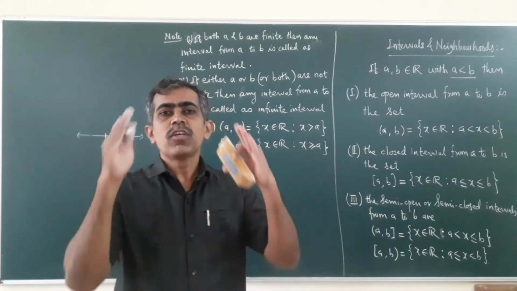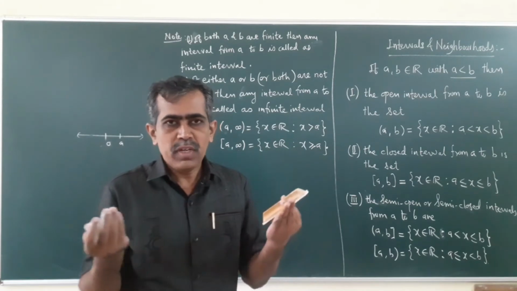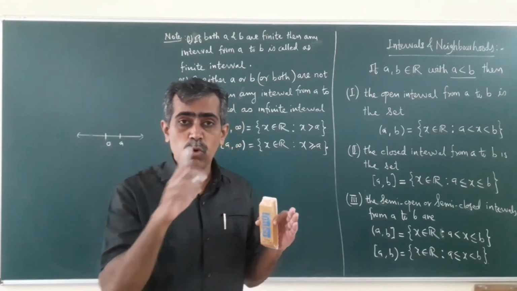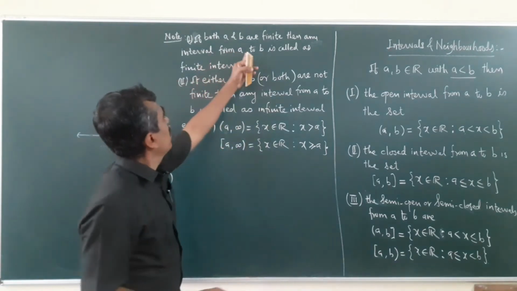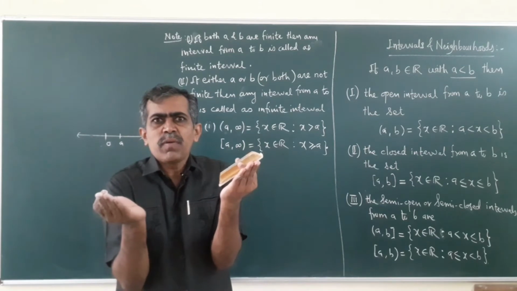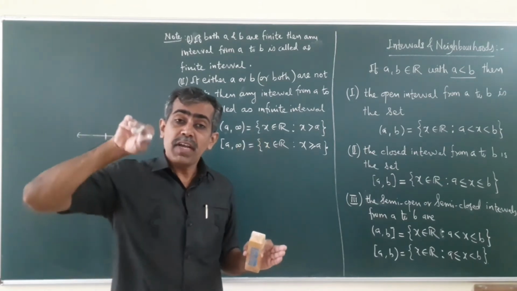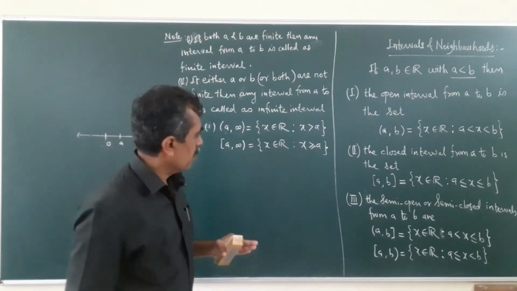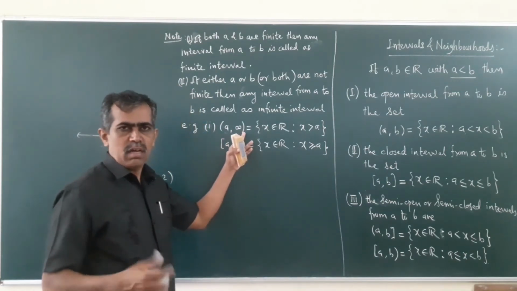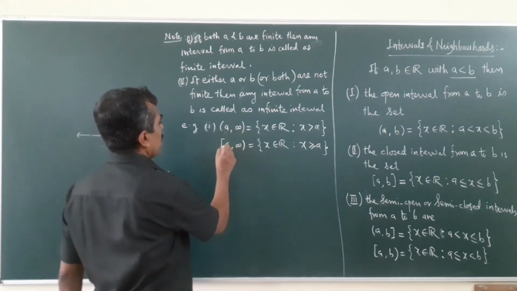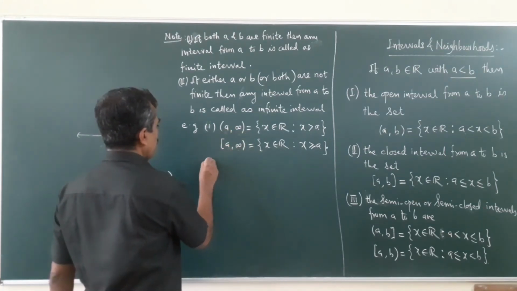On the other hand, the open interval (1, 5): how many real numbers are there? Infinitely many. It is a finite interval because both ends A and B are finite, but it is an infinite set. This other one is an infinite interval, and it is an infinite set.